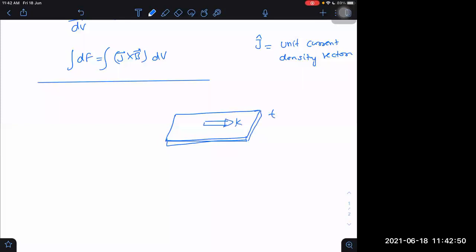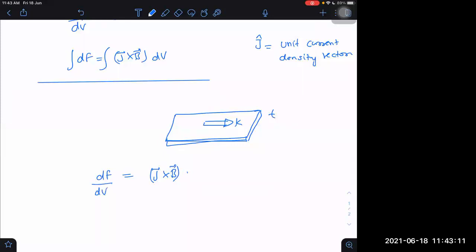I can use the last formula again. Force acting will be equal to J cross B into volume, right or not? Yes, sir. That will be force, or force density, let us say. Force density will be force upon volume.